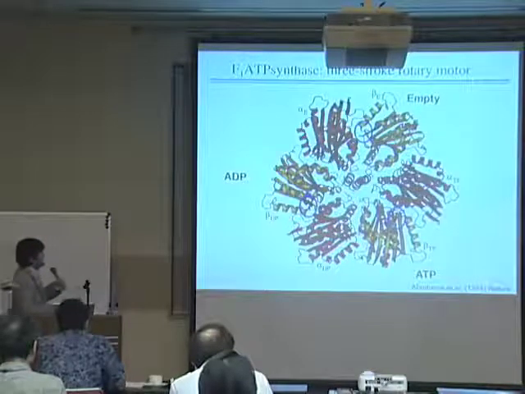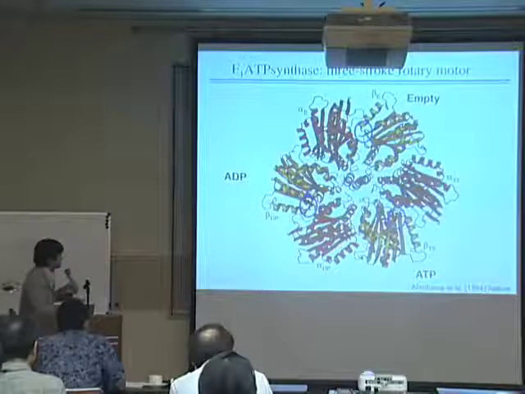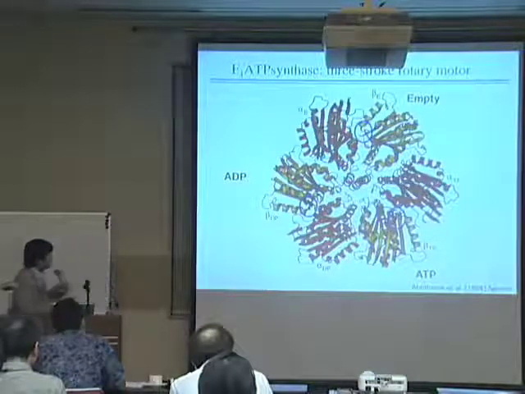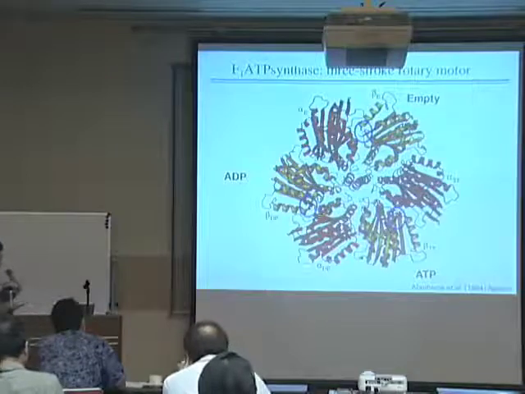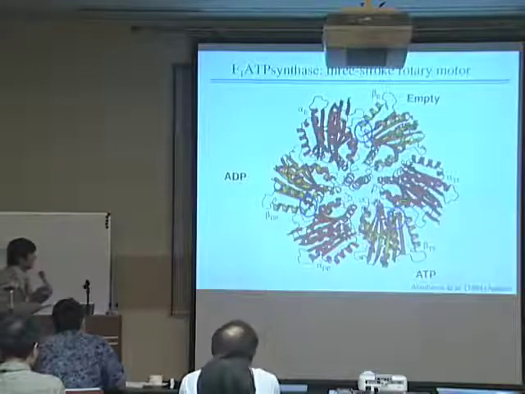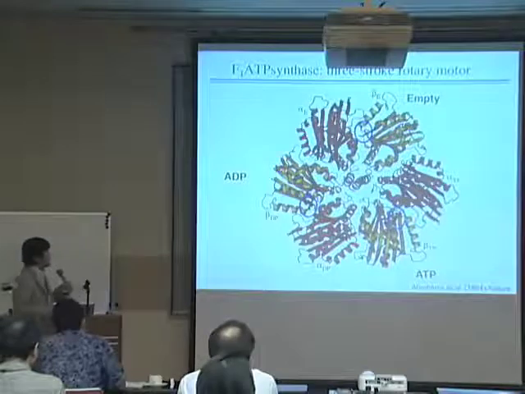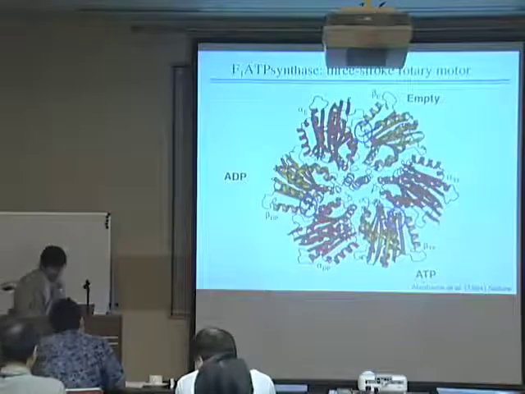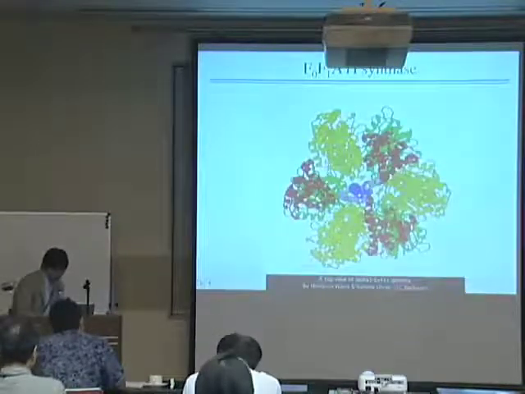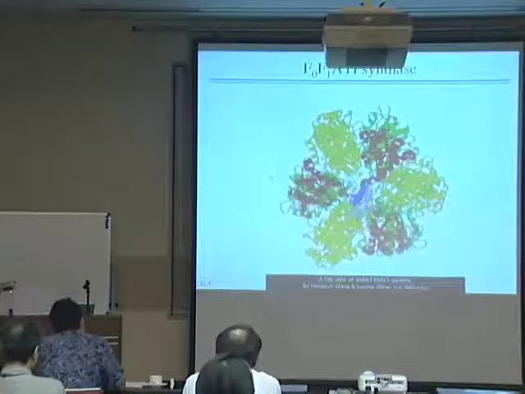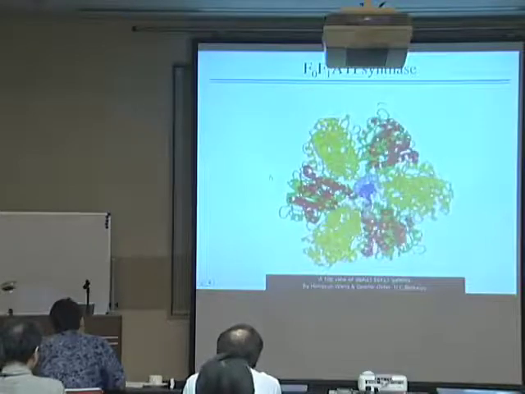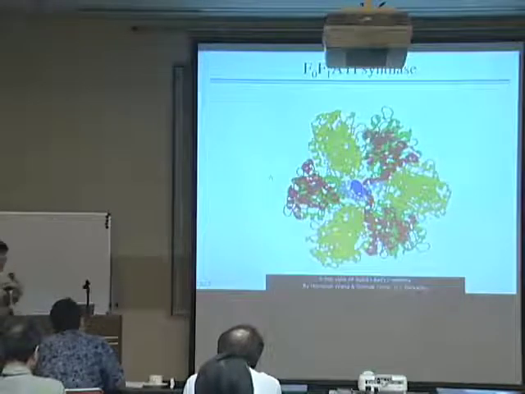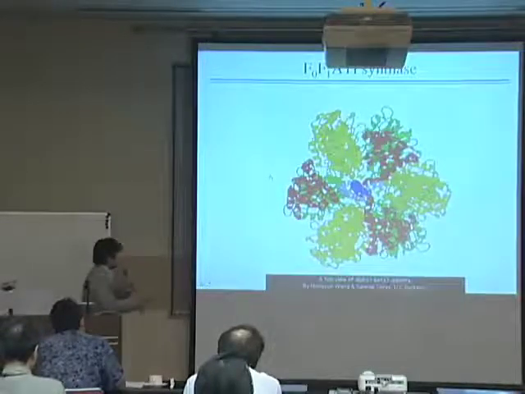This actually has no hexameric, but a trigonal trimeric symmetry, slightly distorted. One site is empty, one is occupied by ADP, and the other one is occupied by ATP. Then the rotation of the gamma subunit causes a systematic conformation change in these subunits, so the ATP is synthesized during this motion.